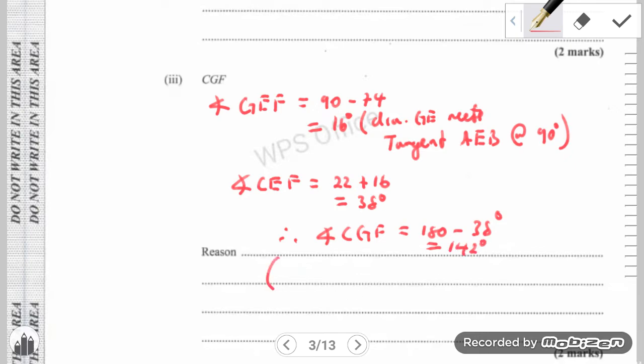And so the geometrical reason behind that is that opposite angles in a cyclic quad sum to 180, or you can say they are supplementary.